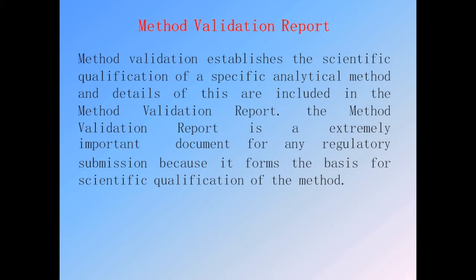Thus, the method validation report is an extremely important document for any regulatory submission because it forms the basis for the scientific qualification of the method. Consequently, it is appropriate to review certain aspects of the method validation report which relate directly to the method transfer process and thereby qualify acceptable performance in the designated laboratory.